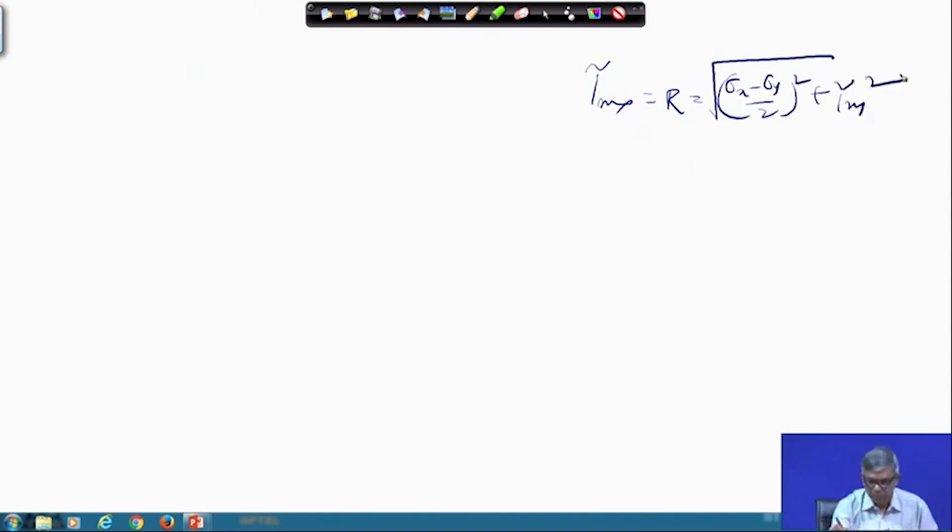I can assume sigma x equal to sigma 1 equal to 400 and sigma y equal to sigma 3, or sigma 2, equal to suppose 100, and tau x y equal to 0. If I do that, then R will become 150.